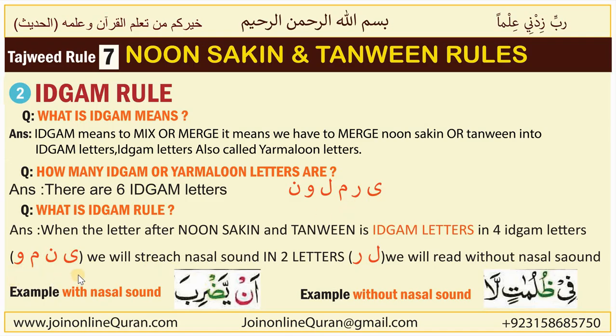In these 4 letters, we will read with nasal sound. And in these 2 letters, when Noon Sakin and Tanween are followed by them, we will read without nasal sound. Okay, so that was the Idgham rule.